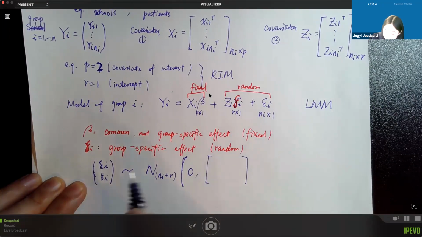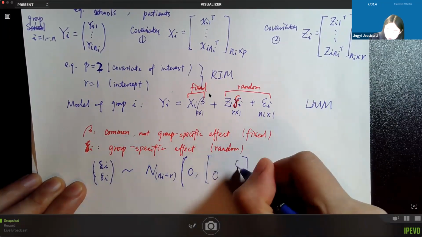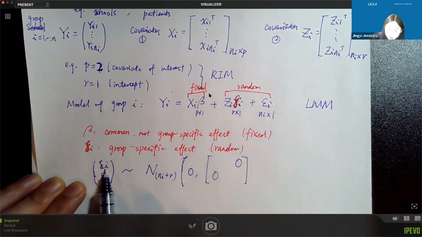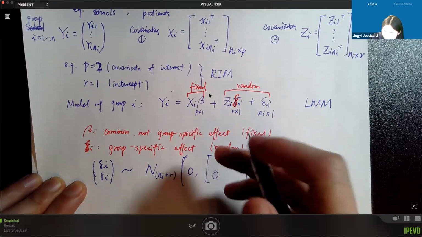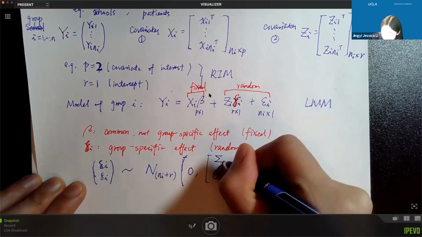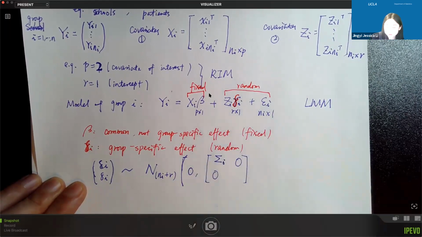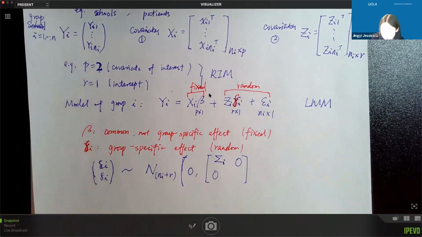So we assume they're independent, so we have off diagonal 0. And for epsilon_i, which is the measurement error term, we assume that they follow a covariance matrix with index i, okay?